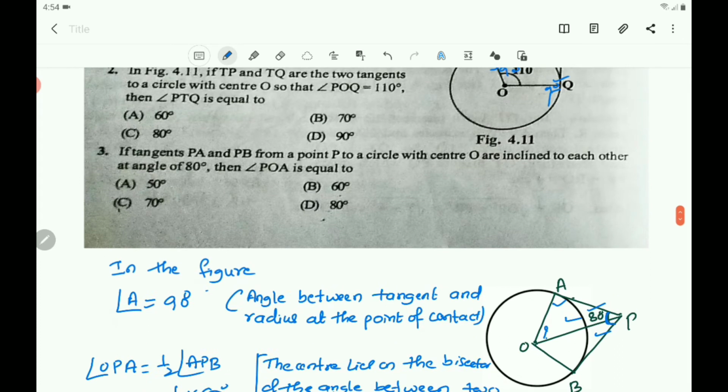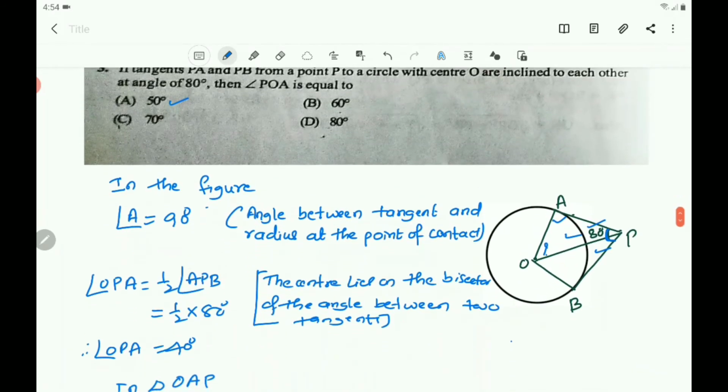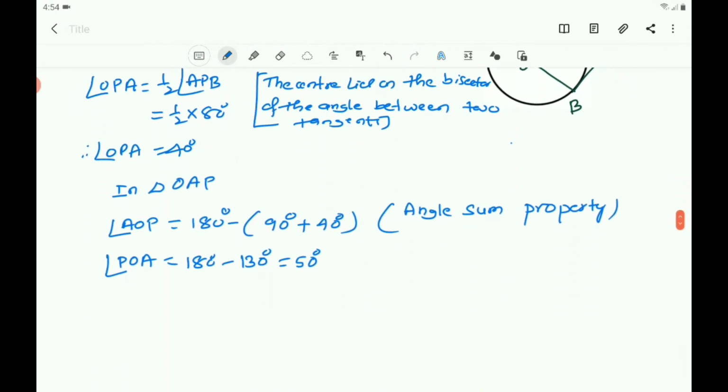Here verify the answer. 50 degree is there. Option A is the answer. The correct choice is A, that is 50 degree. Therefore, our choice is option A, that is 50 degree.